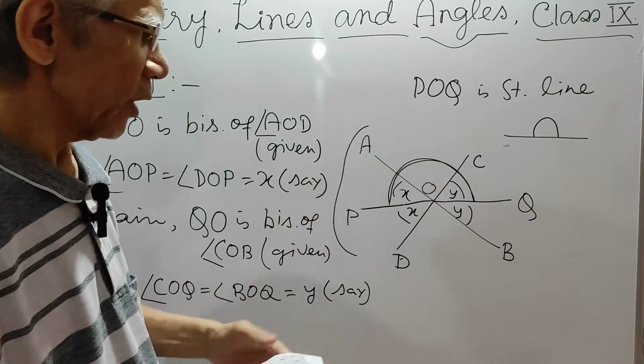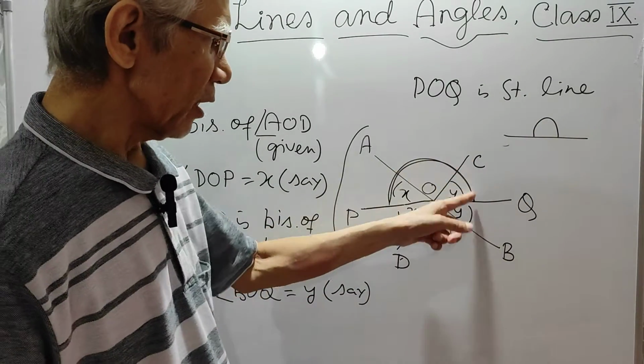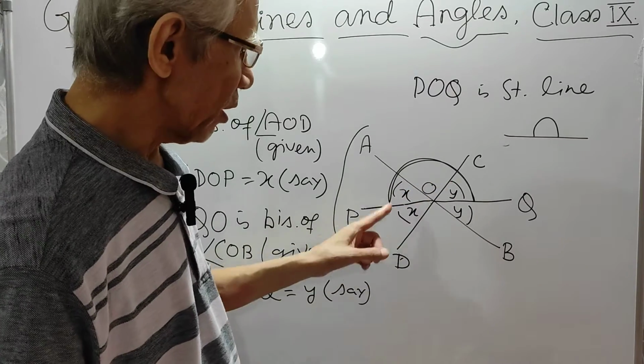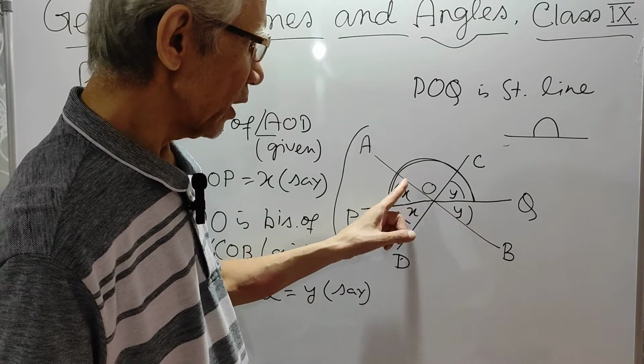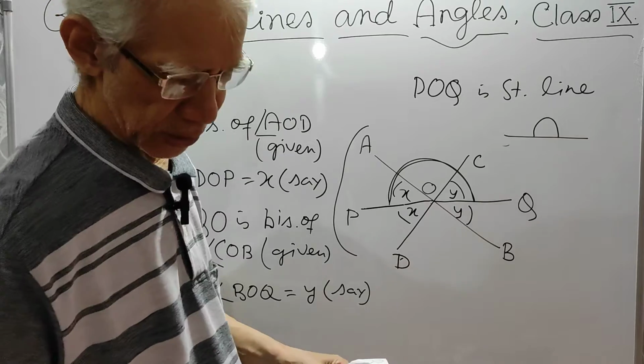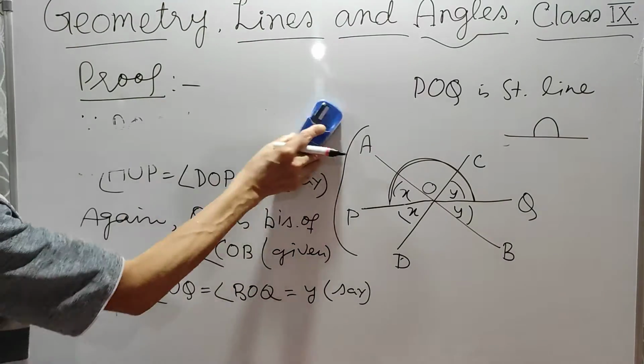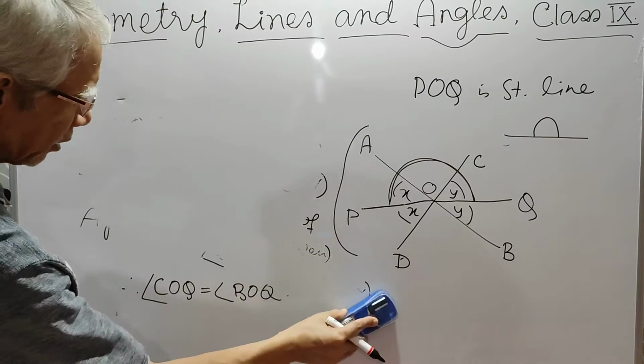You follow? So that is what we are going to do. Now this angle, if you see, is the sum of this angle plus this angle plus this angle. That means now we have to prove the sum of these three is 180 degrees. Up to here I hope it is clear.